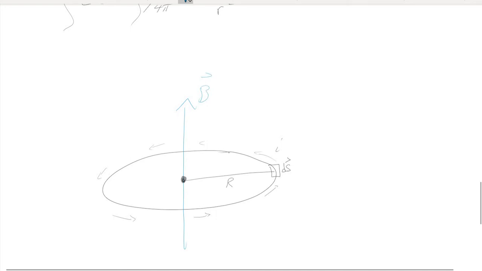The r vector that we need to measure, the distance from where our current is currently traveling to where we want to measure the magnetic field, well, that has the same magnitude as just the radius of the circle.